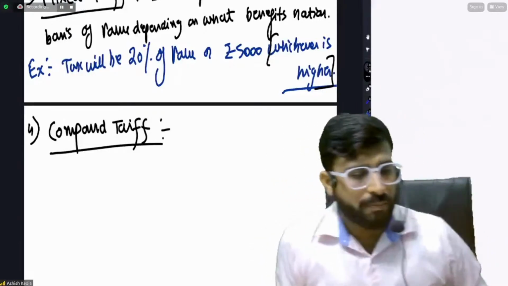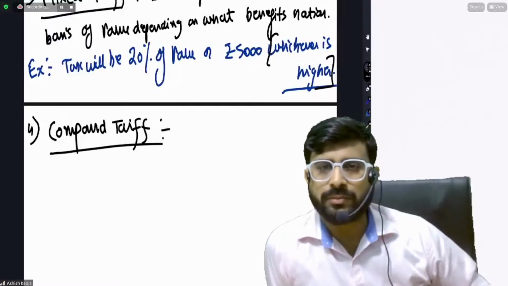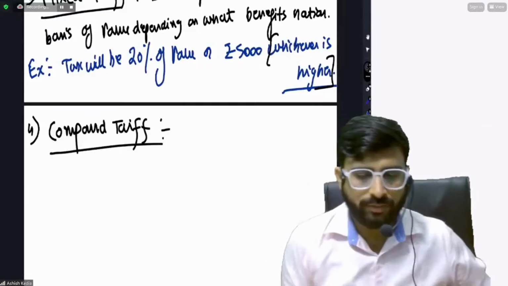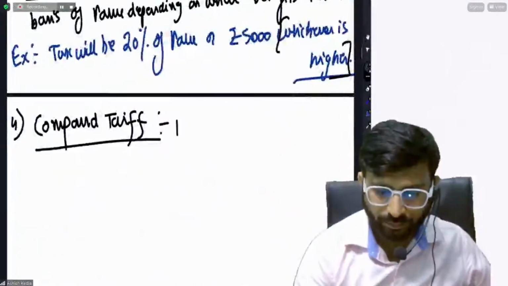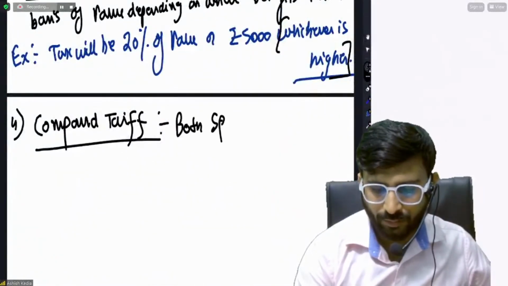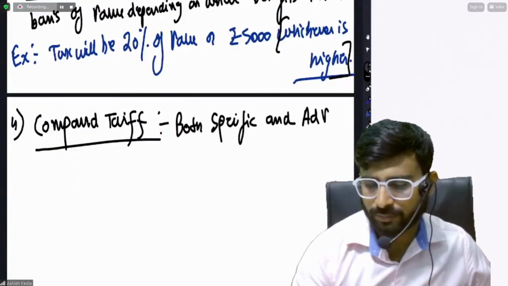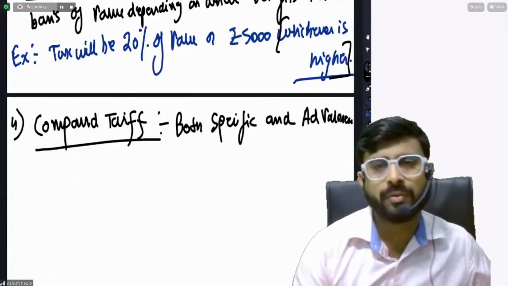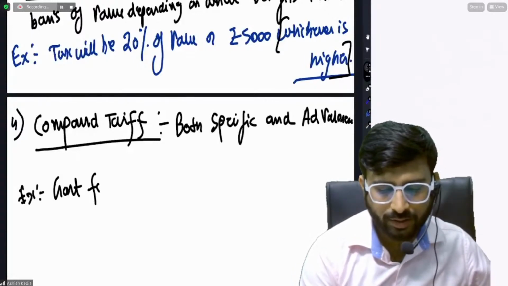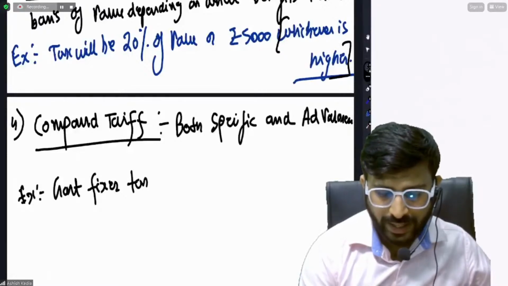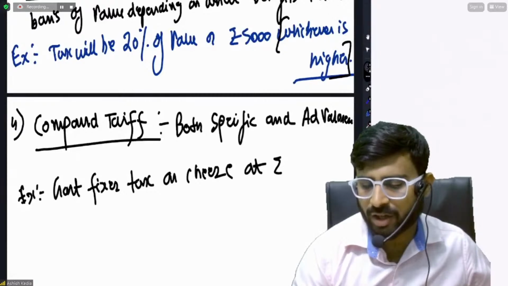Then what is the compound tariff? Sir, it is a mixture of both specific and ad valorem. Example, the government fixes a tax on cheese at rupees 100 per kg.